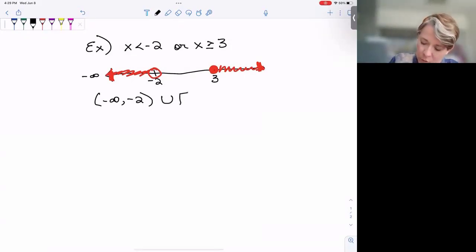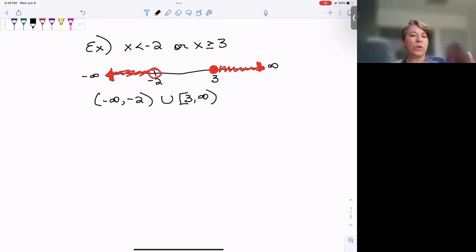And then we go greater than or equal to 3 all the way towards infinity. As you read your interval notation, all of those numbers should be in the same order that they would be on a number line. That's where a lot of people miss points, or if it's an online class, the coding doesn't recognize it. So we have to have them in the correct order.